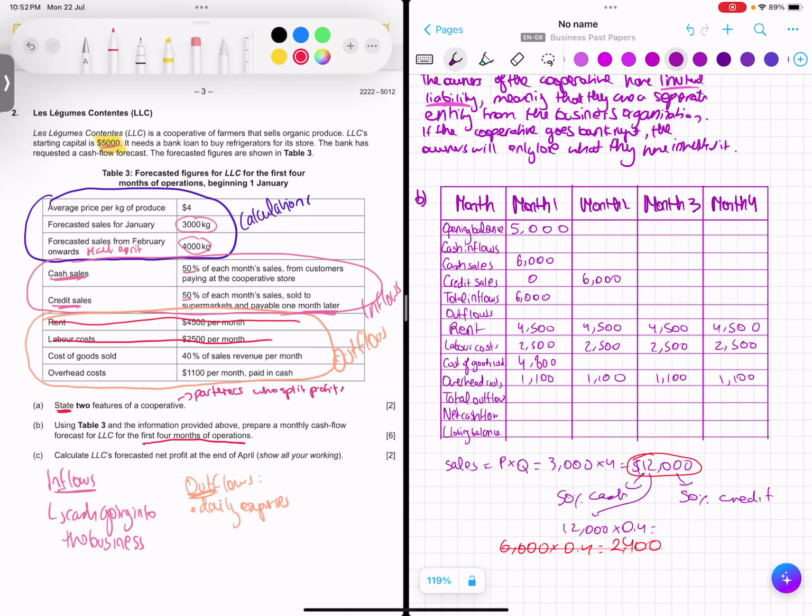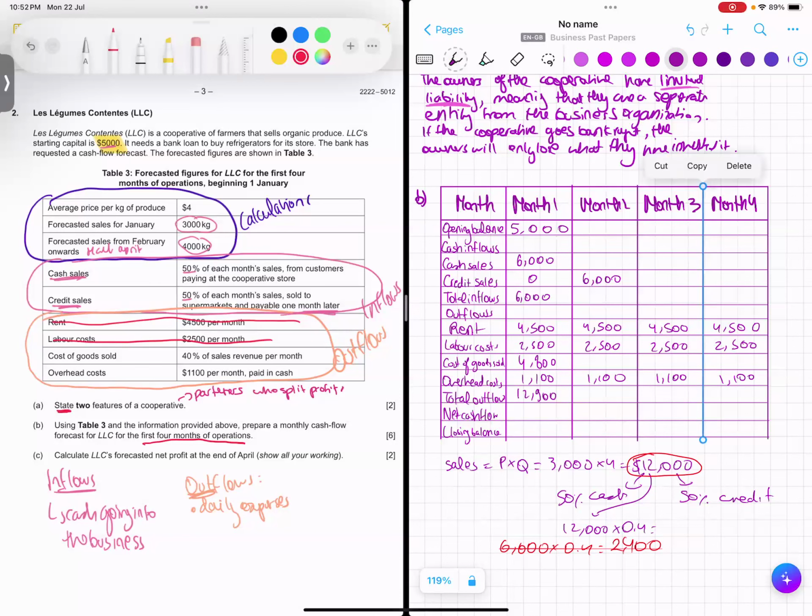We can only do this for month 1 once: 4,500, 2,500, 4,800 plus 1,100. Here we get 12,000. Okay, made a mistake: 12,900.